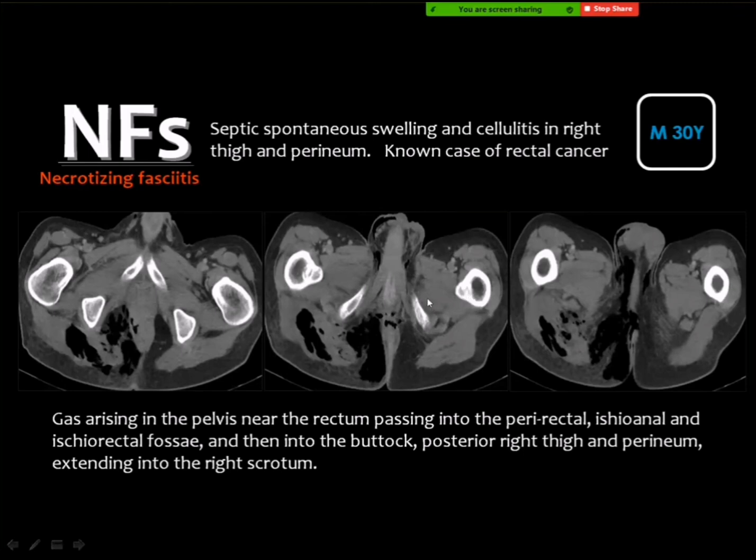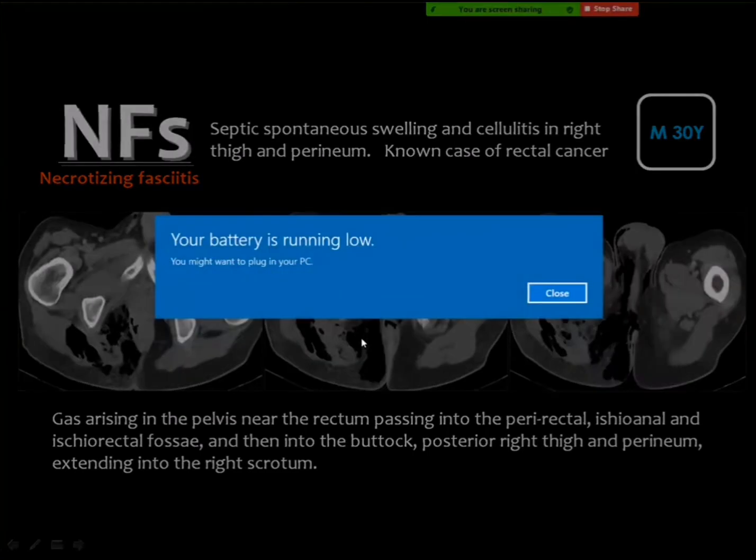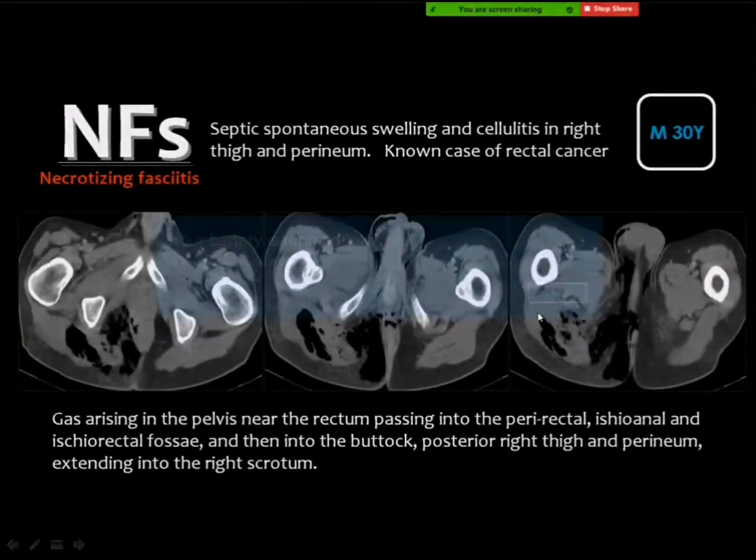But actually, we used to diagnose necrotizing fasciitis based on the presence of air in the affected soft tissues. And many times you can mistake air for any other lesion on MRI, but in the plain film and the CT scan, the diagnosis is somewhat easy.